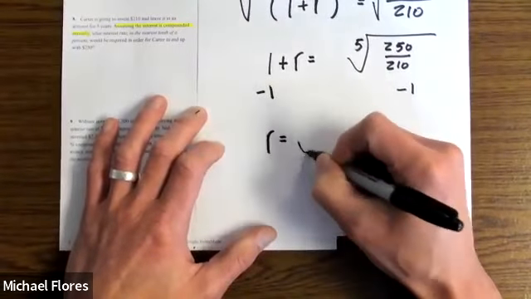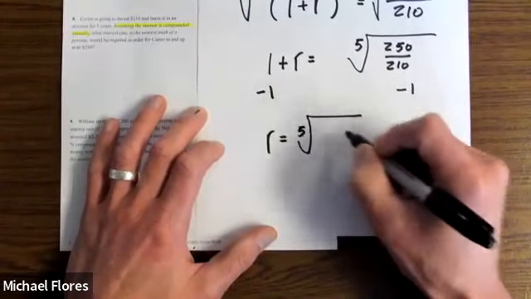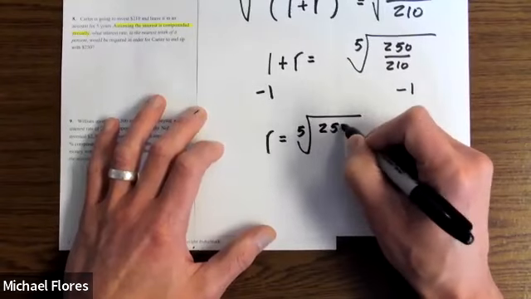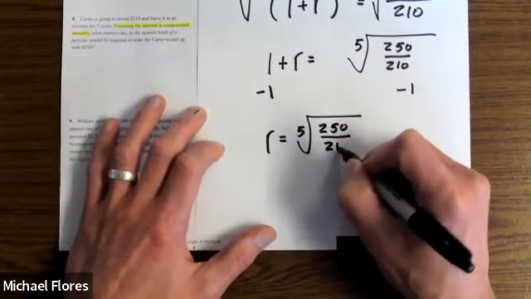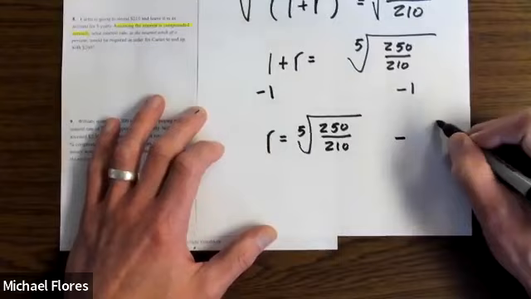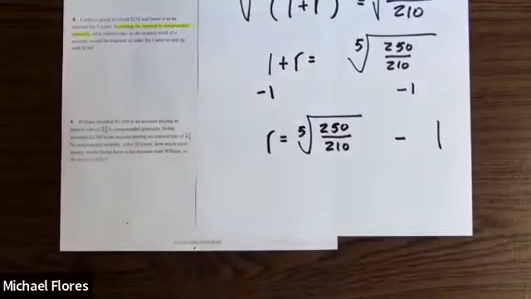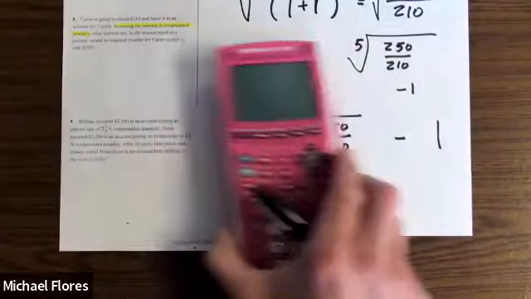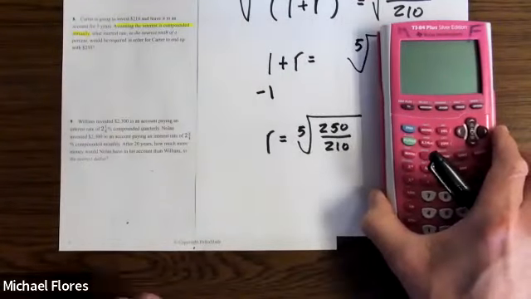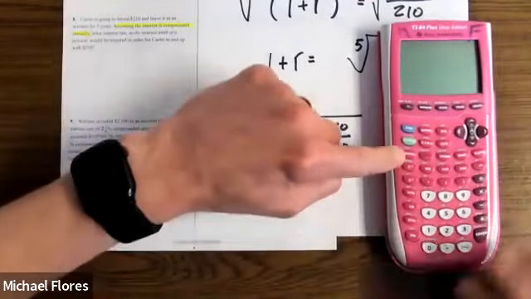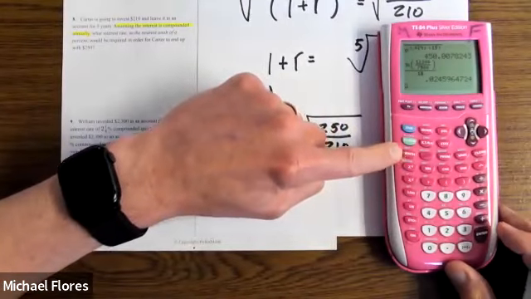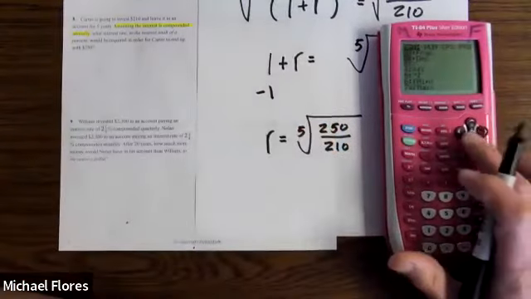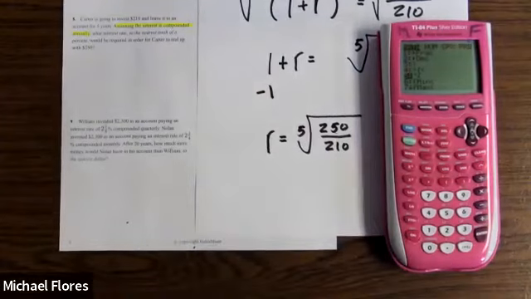r equals the fifth root of 250 over 210, and then minus 1 outside of the root. And now we're going to plug this into our calculator, exactly how I have it written down. In order to take the root of any number, you're going to hit the math button. And then on my calculator, it's option 5.